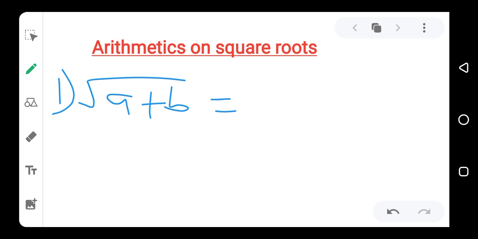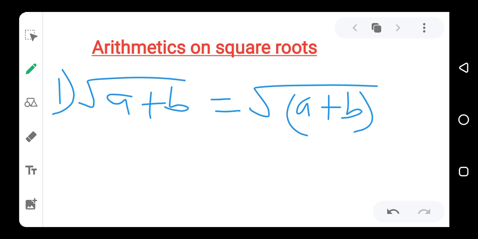So it is going to be A plus B inside one square root.